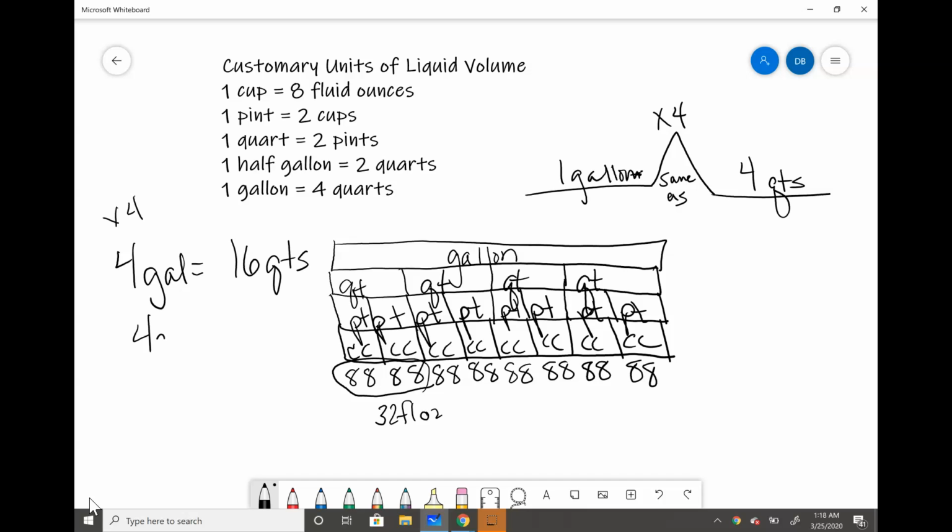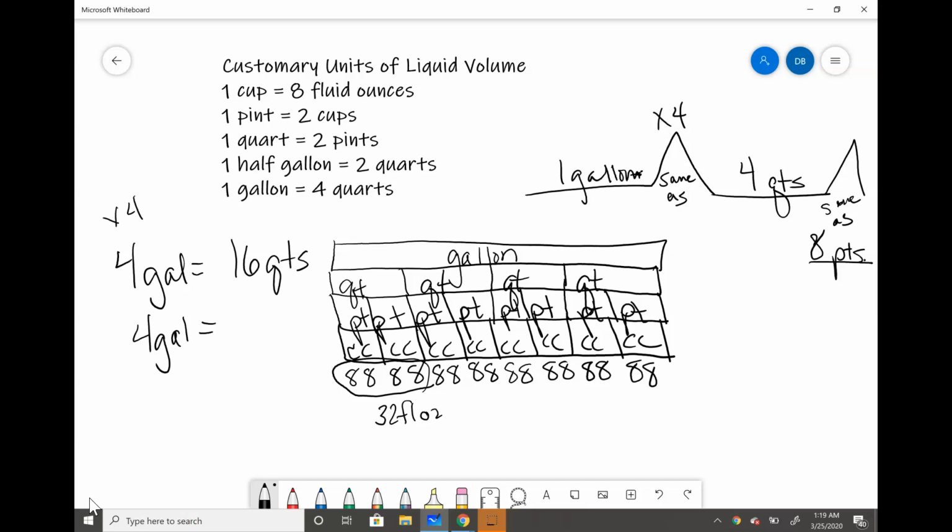If I said, well, 4 gallons, how many pints is that? Well, let's see. 1 gallon has 8 pints, so all of these are the same. 1 gallon is the same as 4 quarts, it's the same as 8 pints.